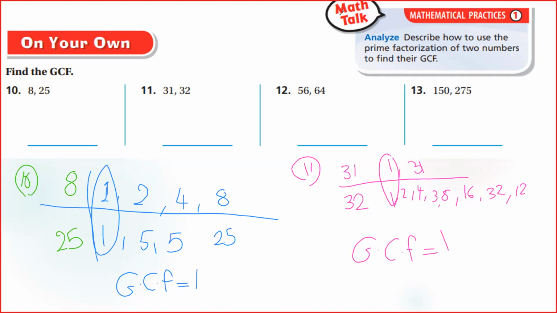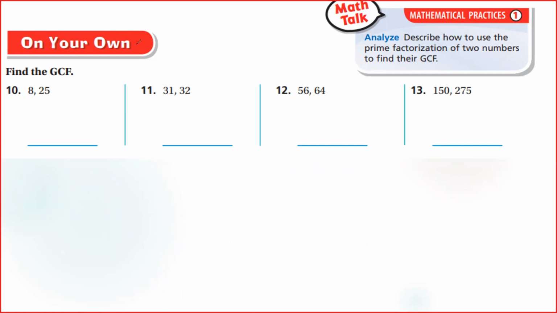Now, let's solve number 13. Here we have 150 and 275. Some can say that it's too hard to think of all the factors that you multiply to get 150 or 275.